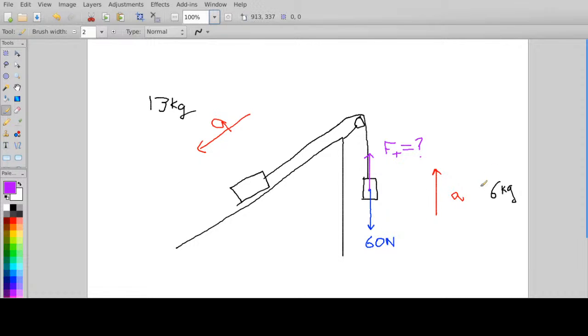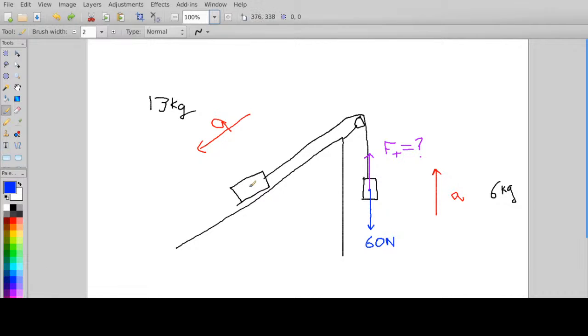Just realizing that the acceleration is up means that I don't know its value, but I do know that it has to be bigger than that. Okay, it could be like 65, it could be like 63, I don't know, but it has to be bigger than 60. Otherwise, the box would not accelerate uphill. Okay, so great. We're done with the free body diagram for the 6 kilogram.